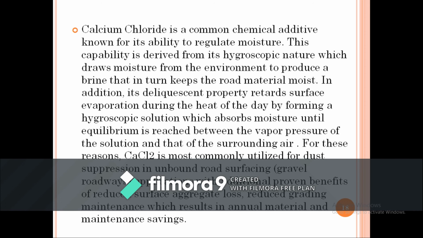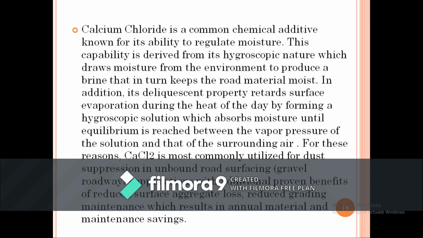So calcium chloride is a common chemical additive known for its ability to regulate moisture. It is the main chemical additive that we use in the construction fields so that it will be regulating the moisture or the water content.